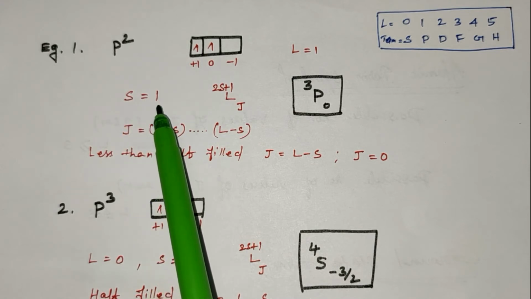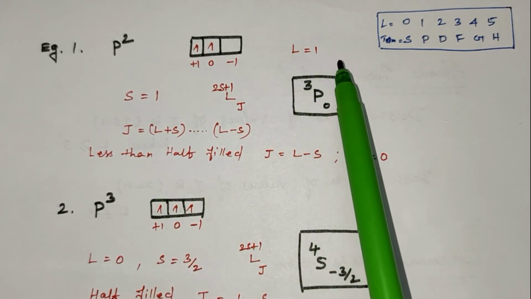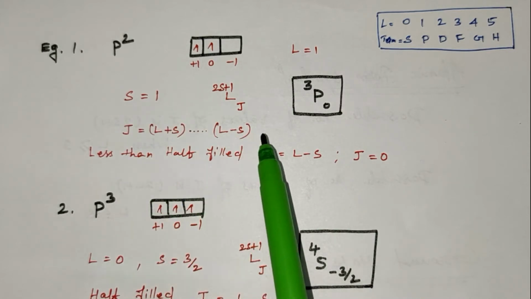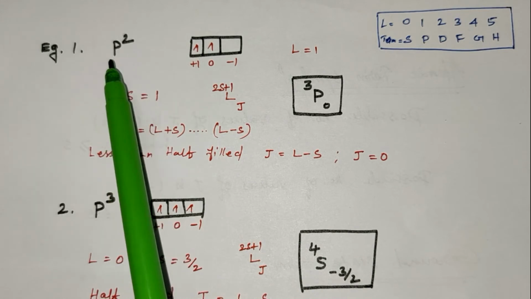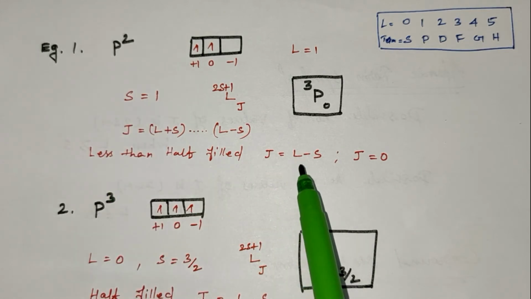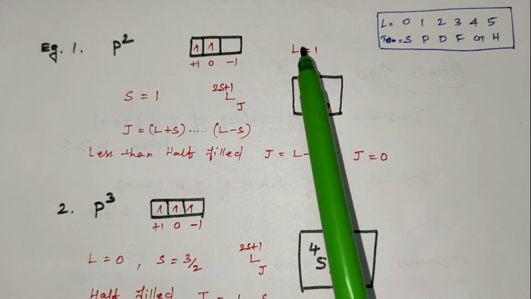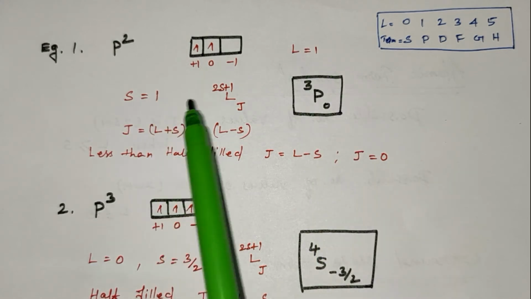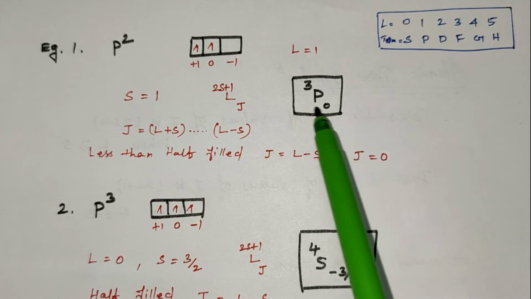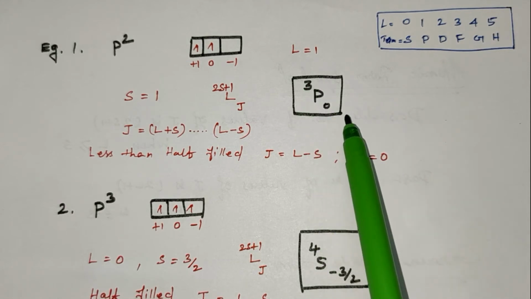S value is equal to 1 and L value is equal to 1. J is equal to L plus S to L minus S. This orbital is less than half filled, so we calculate J as L minus S only. L is equal to 1 and S is equal to 1, so the value of J is equal to 0. So the term is written as 3P0.